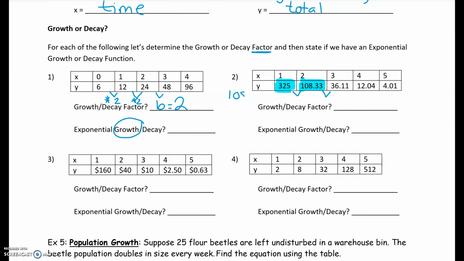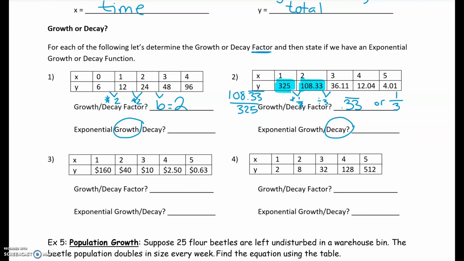So if we take 108.33, that's really a repeating, and we divide it by 325, we actually would get 0.33 repeating, or as a fraction, it would be 1/3. So we are multiplying every time by 1/3, which is also the same as saying divide every time by 3. So if I'm dividing or multiplying by that fraction, we are getting smaller every time for decay.